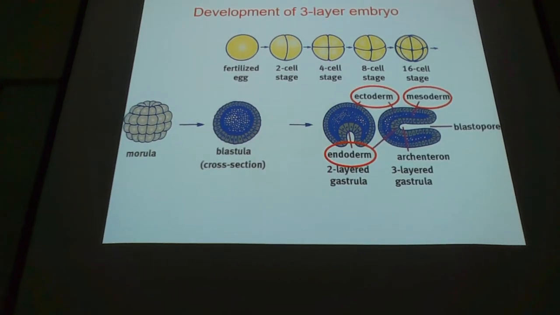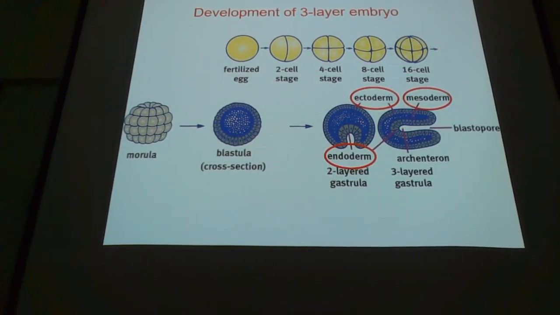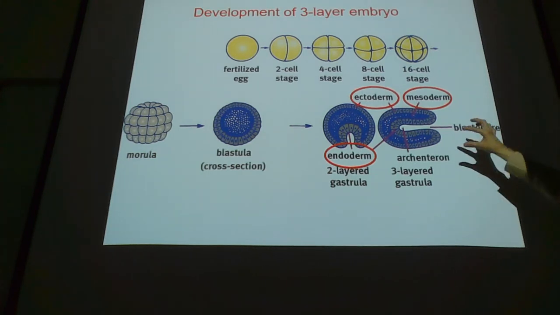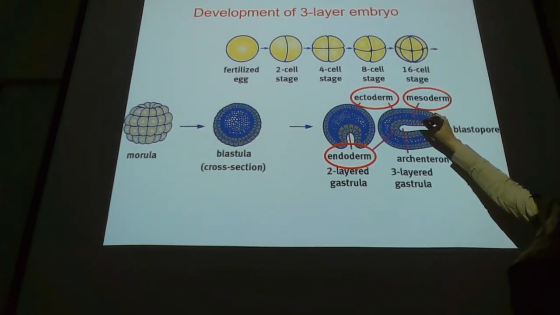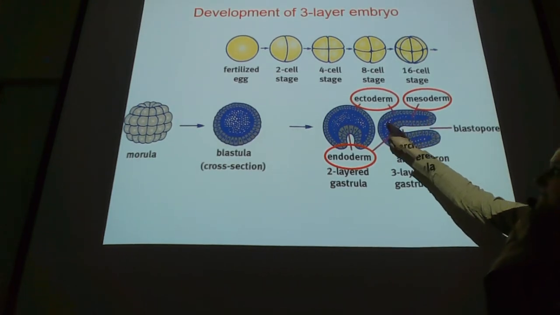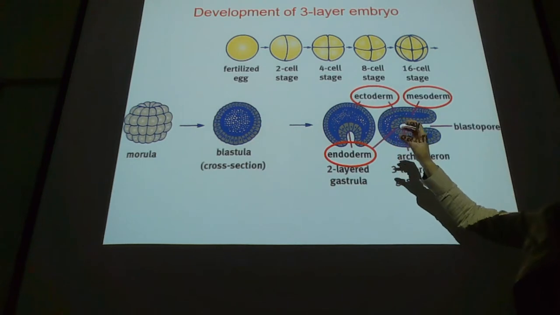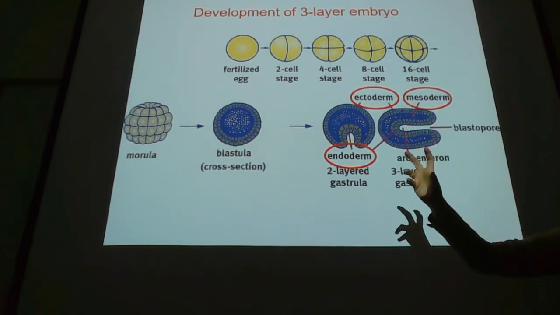Now, I shall tell you one thing. Most animals will have these 3 layers, but the very first groups that we're going to look at, such as sponges and cnidarians, in reality never develop a real mesoderm. What happens is that in this in-between layer, they develop a gelatin.